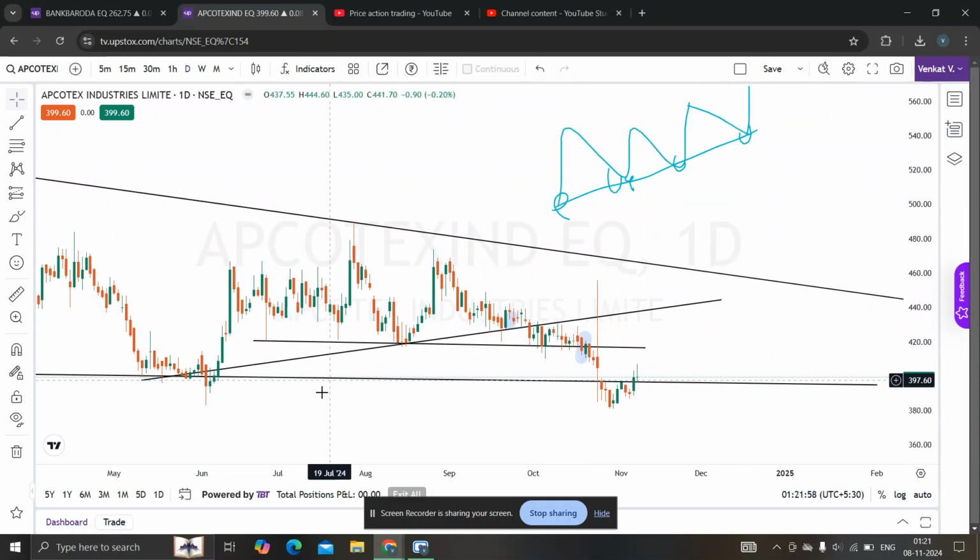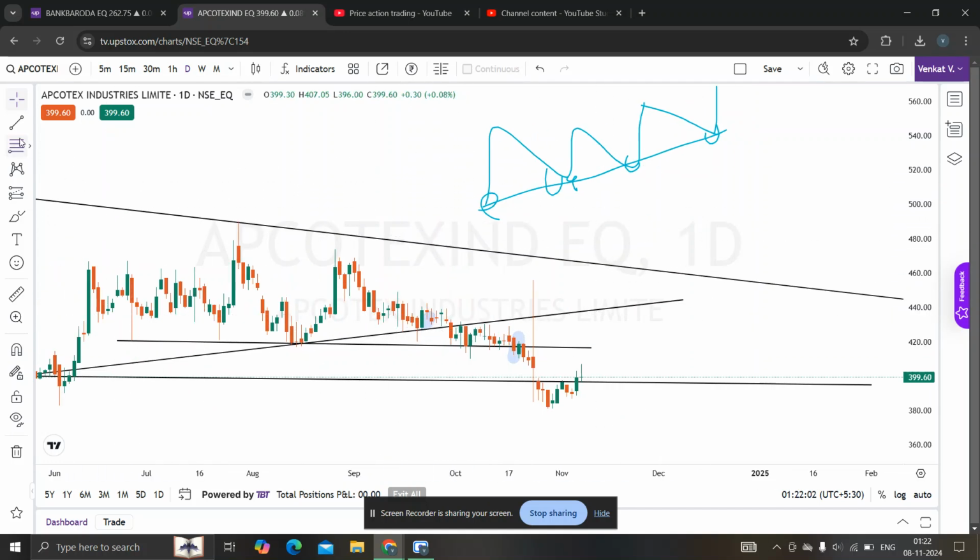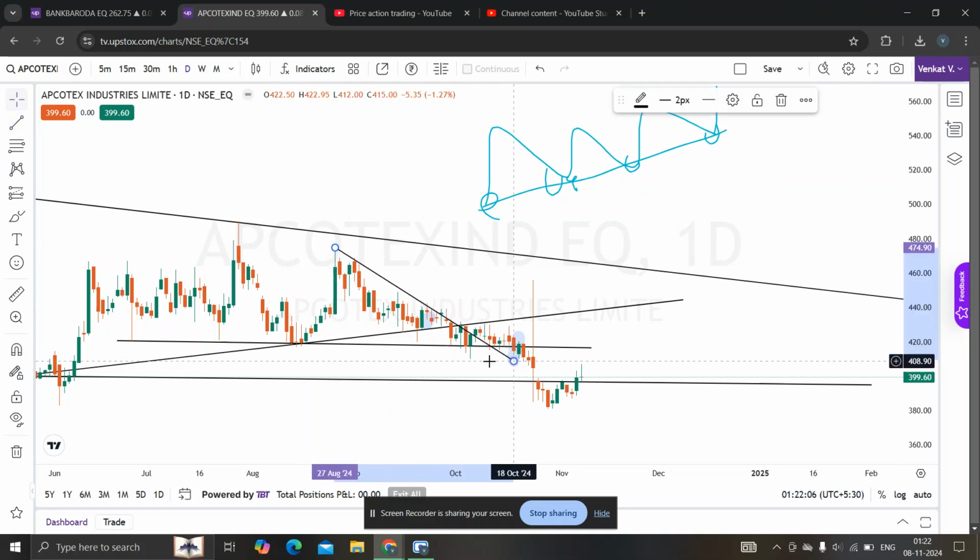So the mistakes that I made: this is not three touch points, and the other thing is there is no pattern here, right? A pattern must be broken. One, two. There is no three. The third has to come out, but it didn't come out, right?